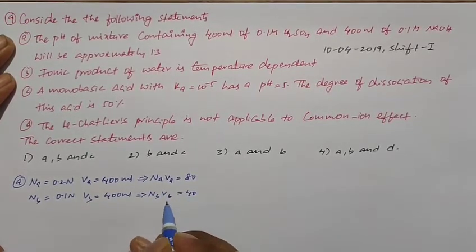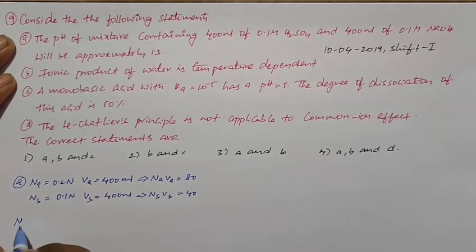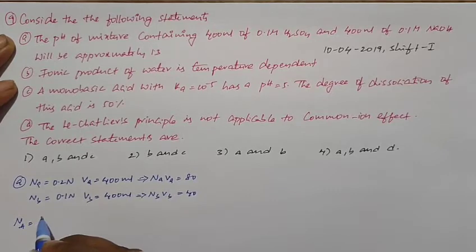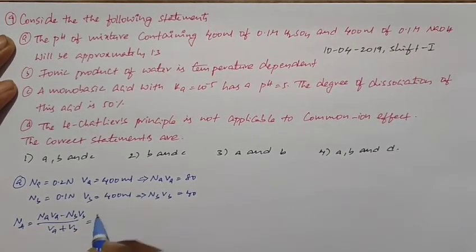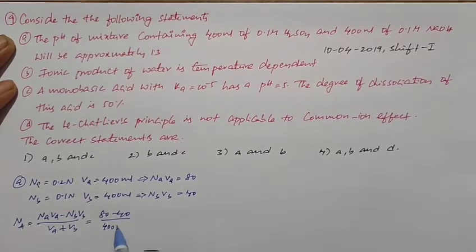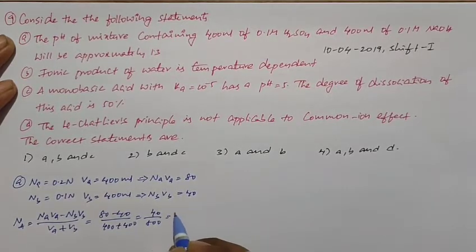Here NaVa is more than NbVb, so the resulting solution is acidic. The formula for normality: Na is equal to (NaVa minus NbVb) by (Va plus Vb). That implies (80 minus 40) by (400 plus 400). You get 40 by 800, which implies 0.05 normal.